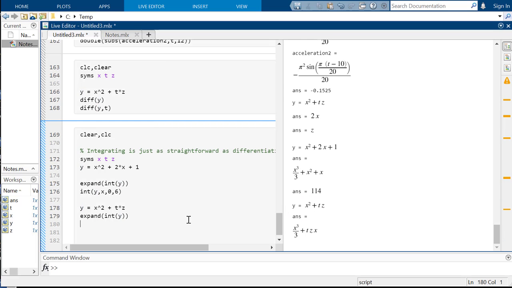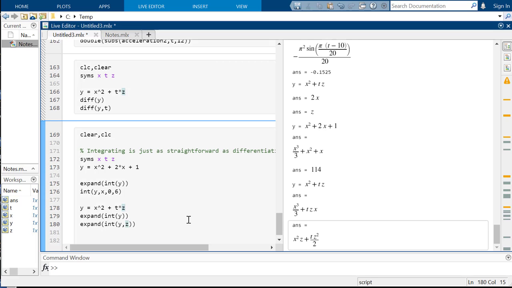But I can say, actually, I want you to expand or integrate on z. And see, then the z becomes the 1/2 z. So x squared z, right, plus 1/2 z squared, that part there gets integrated. So you get the same kind of a thing. You kind of get what you would expect by doing that integration.